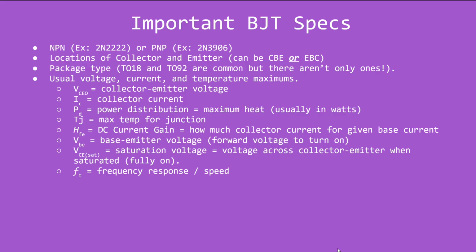Saturation voltage, basically the voltage across collector emitter when it's saturated, and then frequency response speed, which in low level hobby electronics, until you get up there in speed for switching, probably not much of an issue.